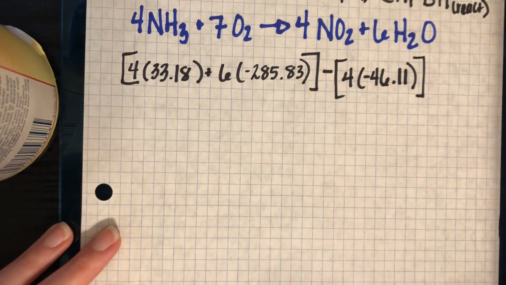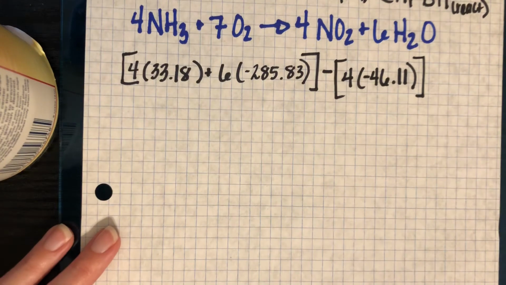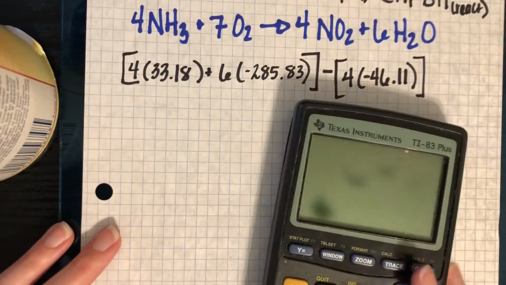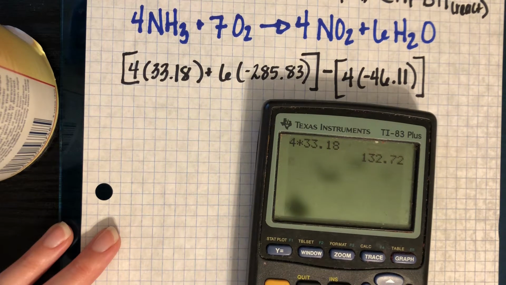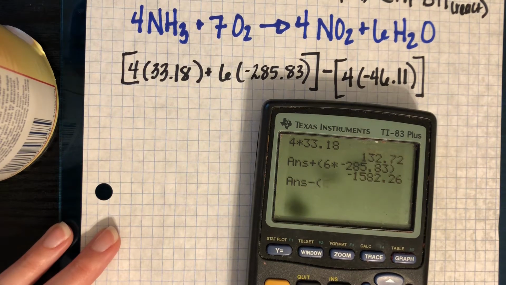Okay. Where did I put my calculator? Here it is. So whenever I put this in my calculator: 4 times 33.18, plus 6 times negative 285.83, subtract 4 times negative 46.11.